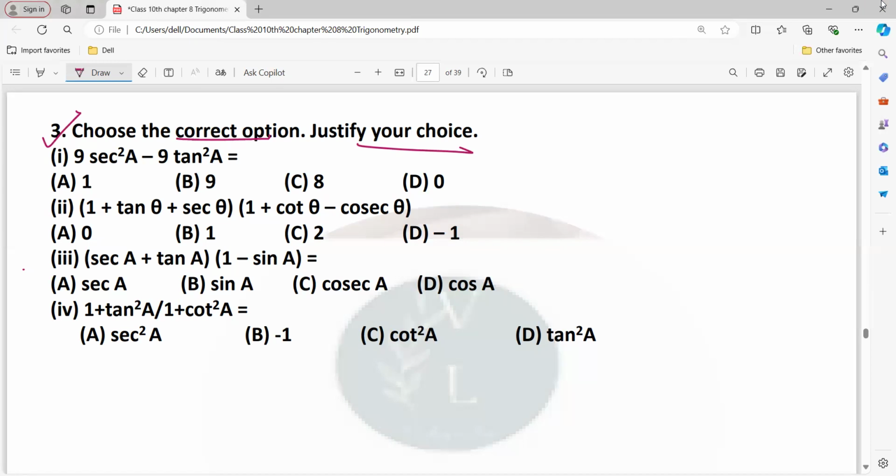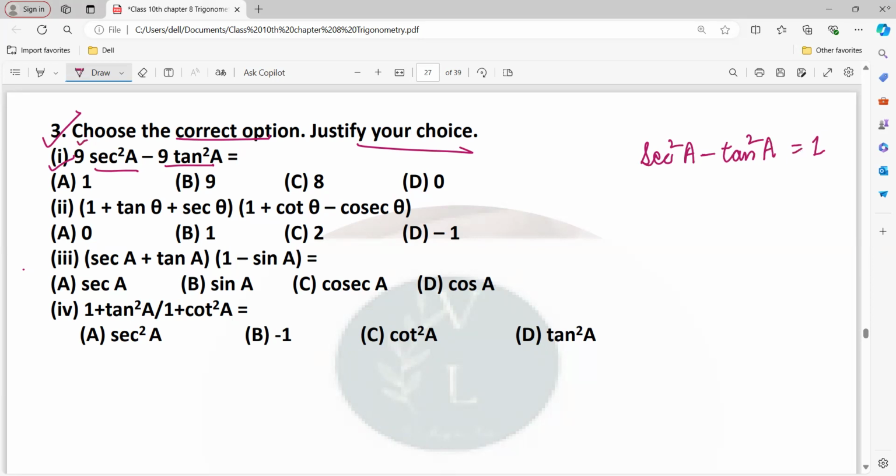The first part we have is 9 secant square A minus 9 tan square A is equal to. So we need to find the value of 9 secant square A minus 9 tan square A. Now we know the identity secant square A minus tan square A is equal to 1, right?